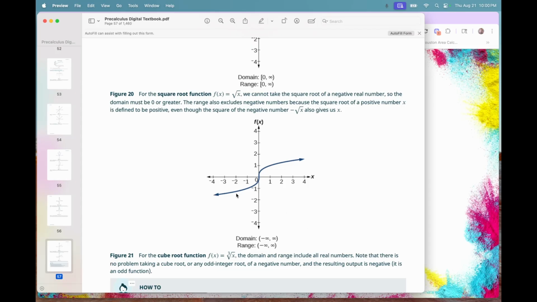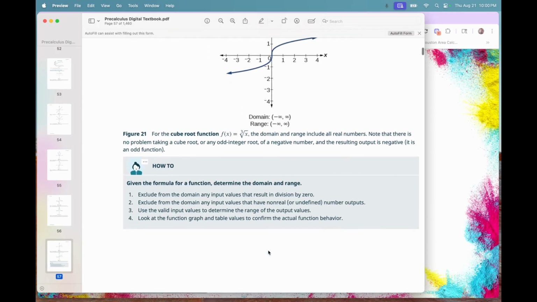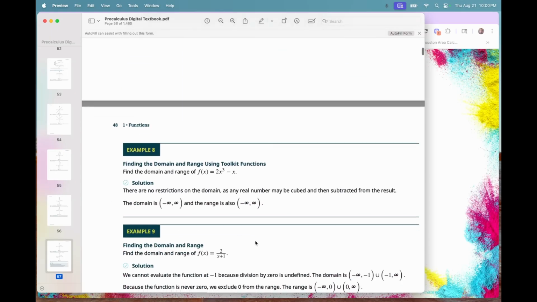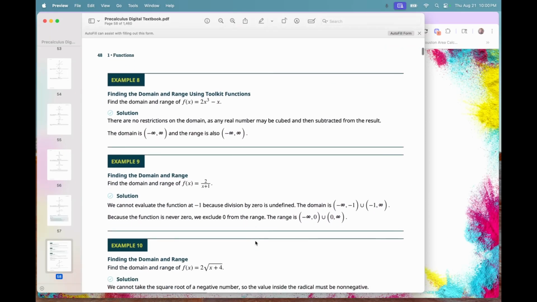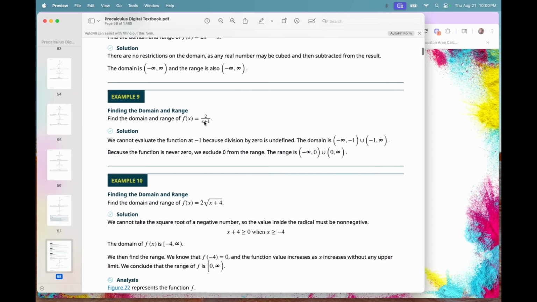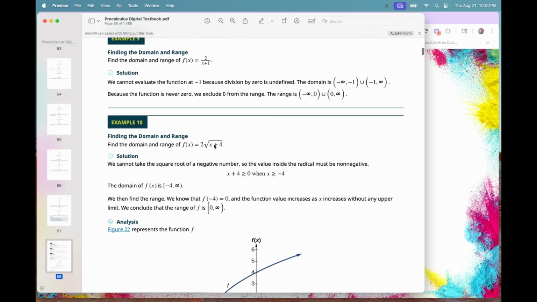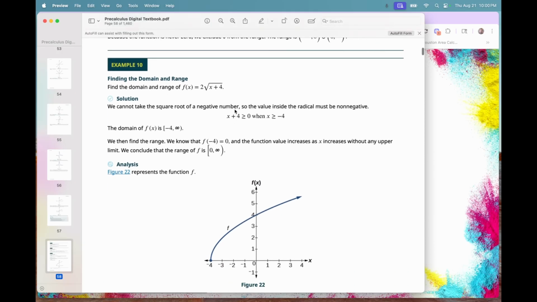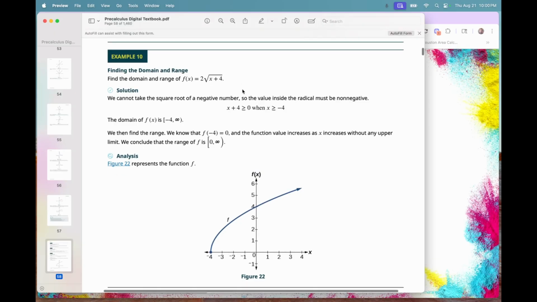And you can kind of see that now we have this sideways S thing. Domain and range, negative infinity to positive infinity. We have some questions here. Again, we're cautious when we see division and when we see square root. Any even root, so the fourth root would also be an issue.